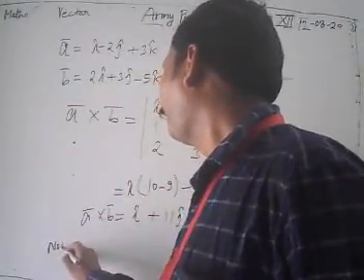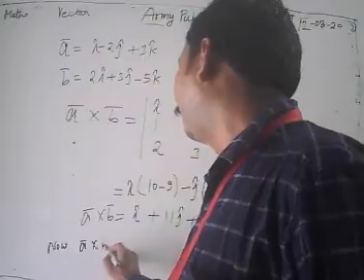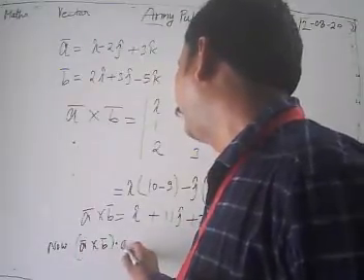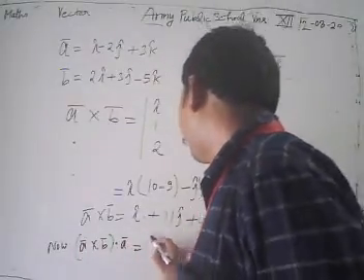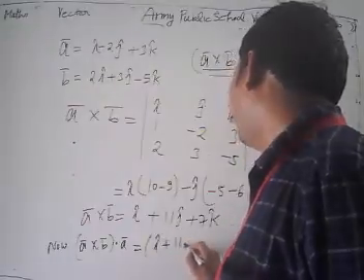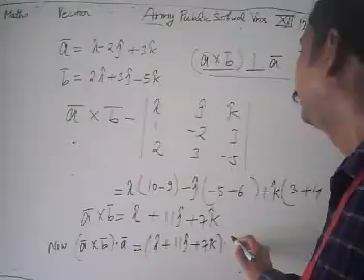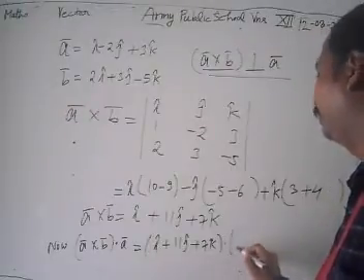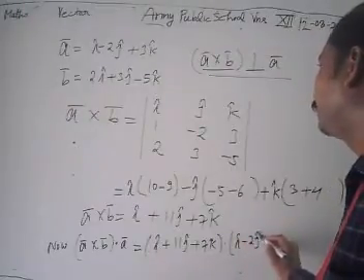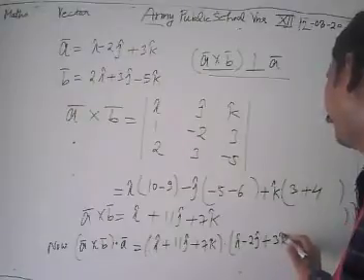Now vector A cross B dot vector A, it's I cap plus 11 j cap plus 7 k cap dot, where our A is I cap minus 2j cap plus 3k cap.